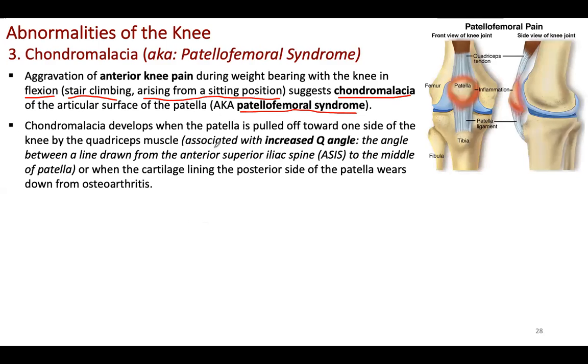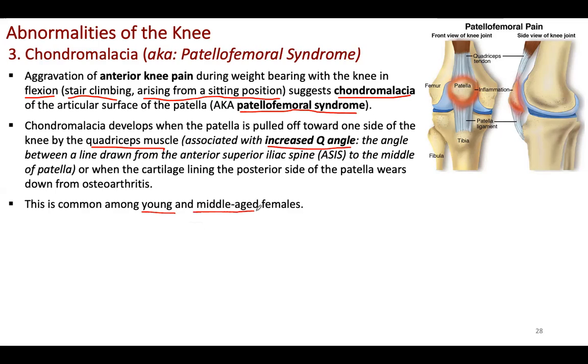Chondromalacia develops when the patella is pulled off toward one side of the knee by the quadriceps muscle. And a sign to diagnose it is called the increased Q angle. I'm going to leave these details for you to read. This is common among young and middle-aged females.